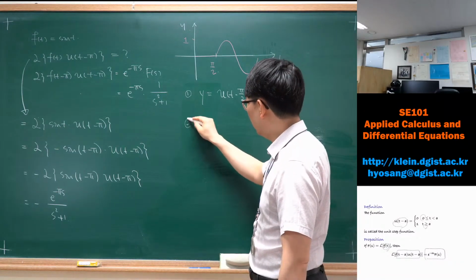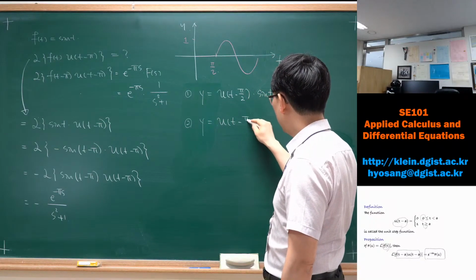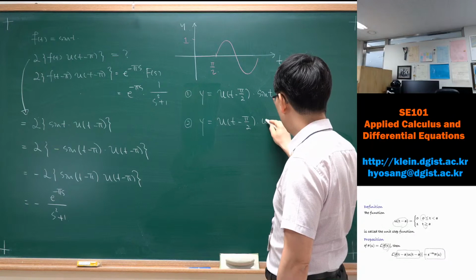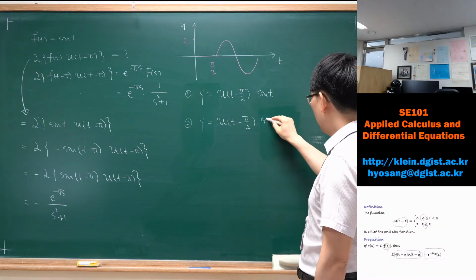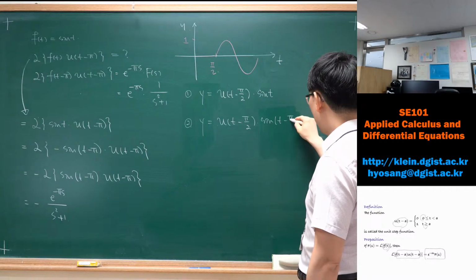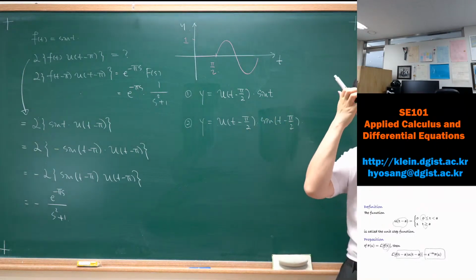The second candidate is that y equals u of t minus pi over 2 times sine of t minus pi over 2. Which one is correct, 1 or 2?